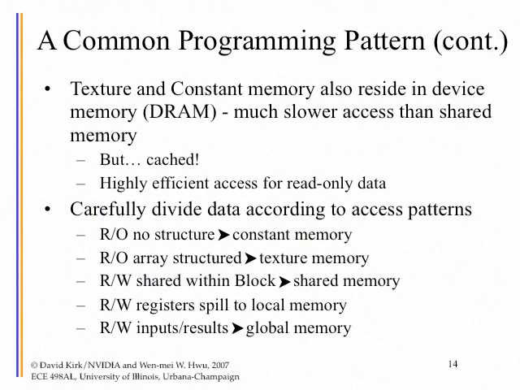Texture and constant memory also reside in the DRAM. It's much slower access than shared memory, but they're cached, okay? So a very common programming pattern for this is that if you have a kernel that needs to access a variable that has the same value across all the threads, right?